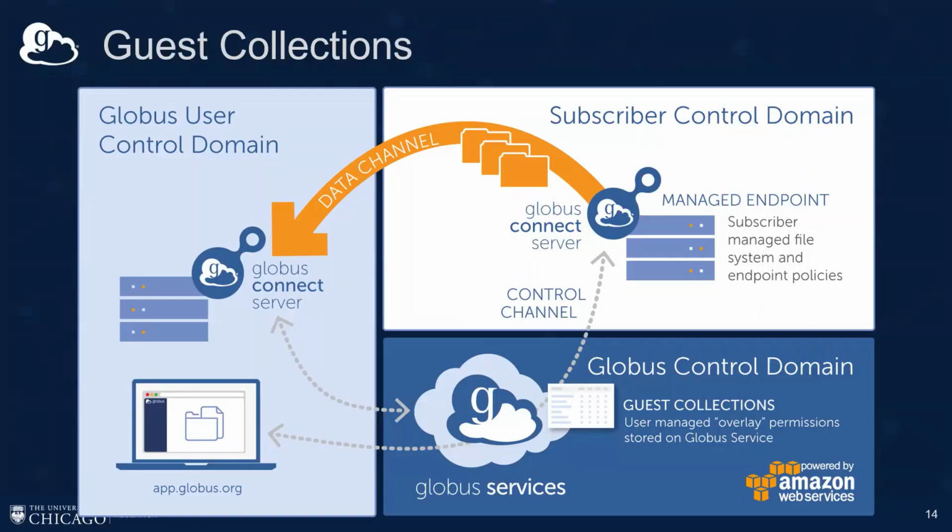So this is kind of an overlay permission model where the person sharing tells Globus that they allow this part to be accessible by that particular identity, and that identity comes in and gets to this part. There is nothing changed on the file system, right?